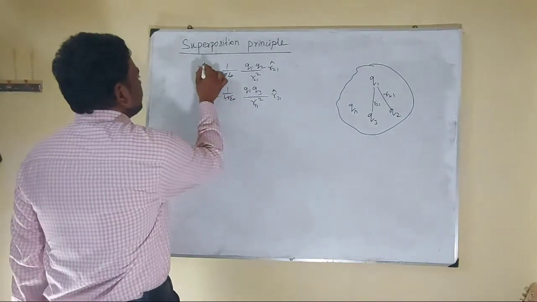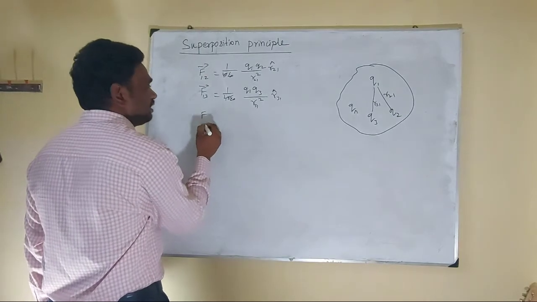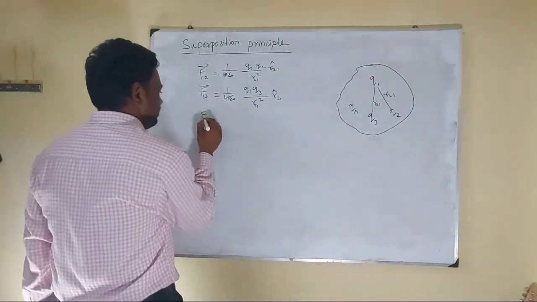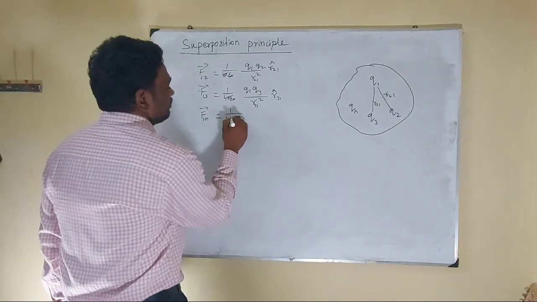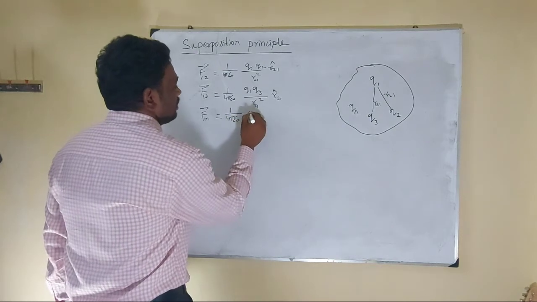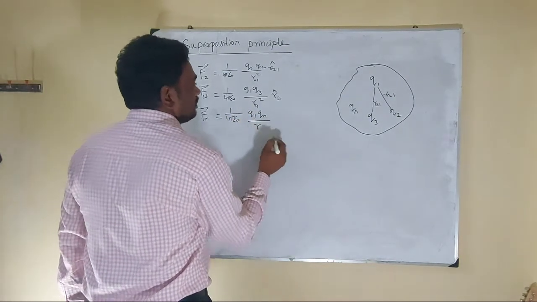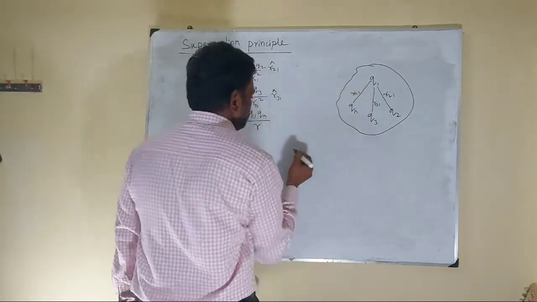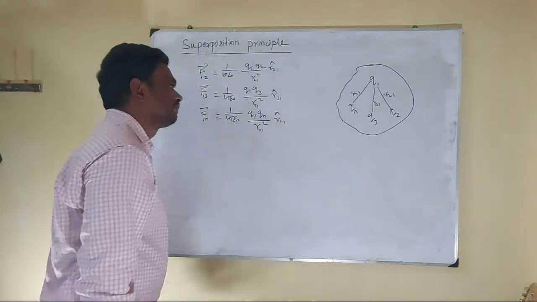Force is a vector quantity, so we have to use the vector symbol. Similarly we can write up to the nth particle. F1n vector is equal to 1 by 4 pi epsilon naught Q1 Qn by r, here the distance is rn1, so rn1 square into rn1 cap.